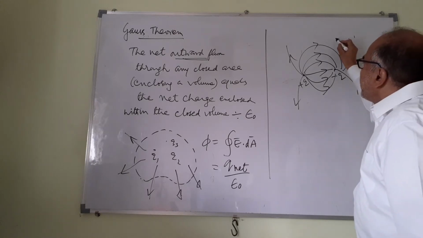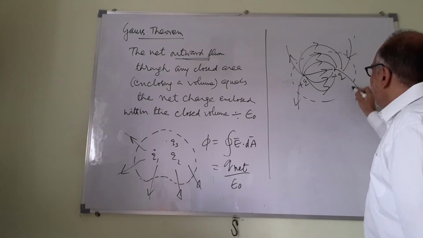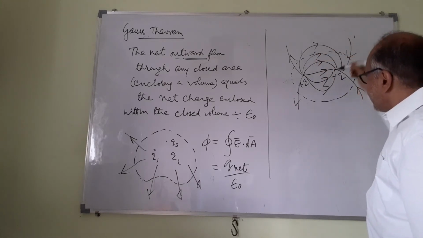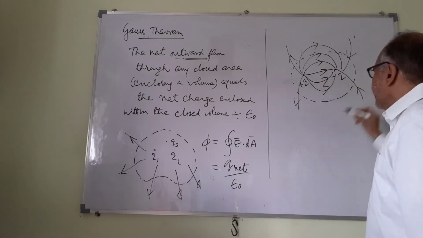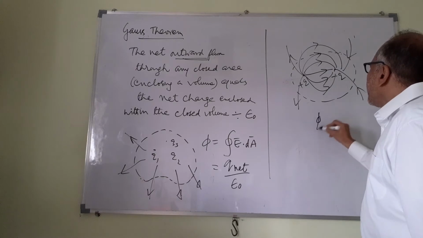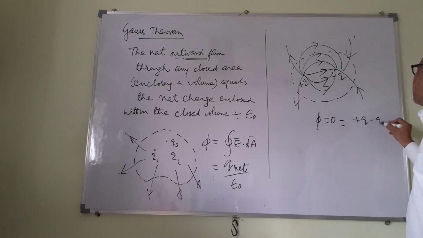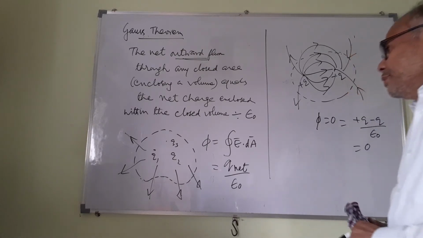Now if you had a closed volume, we find that whatever exits, enters. So the flux phi is 0. Why is that? The net charge is plus q and minus q, so this would be 0.